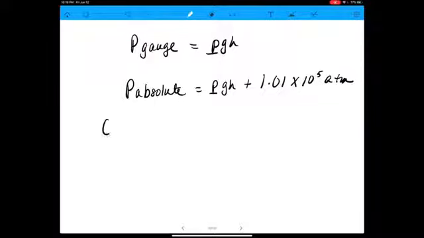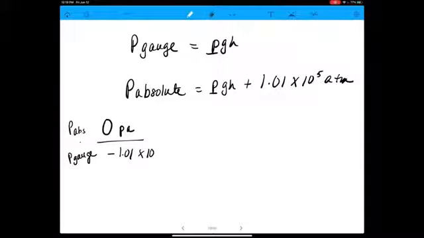For example, at 0 pascals of absolute pressure, the gauge pressure would be negative 1.01 times 10 to the 5 pascals, because keep in mind that absolute pressure is in addition to this constant.